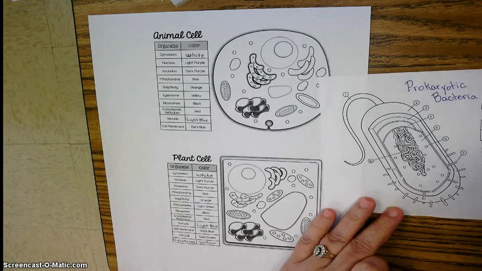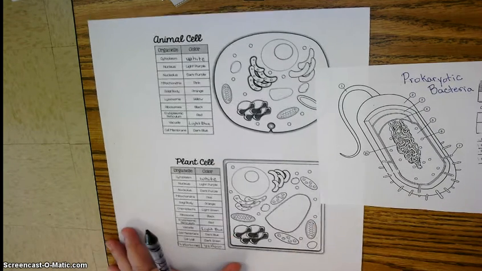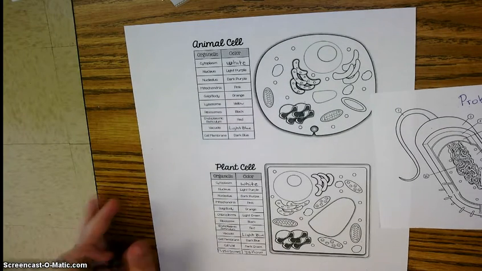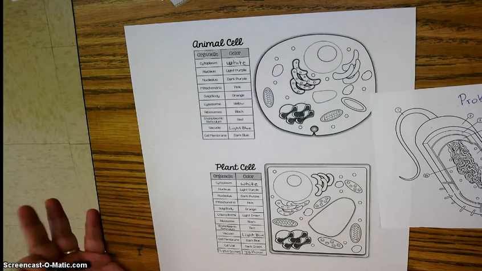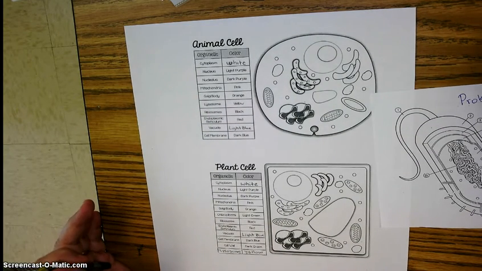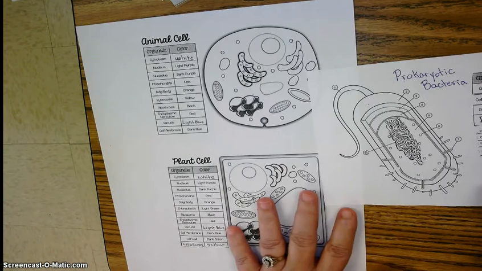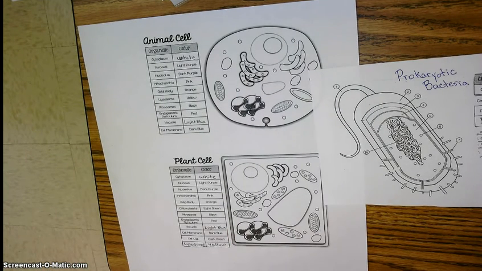We're not going to color all the things on it, but we're going to color some of them. And then we have an animal cell and we have a plant cell, and those are examples of eukaryotic cells. We could have easily done a fungi or a protista, but we're going to start with the cytoplasm.